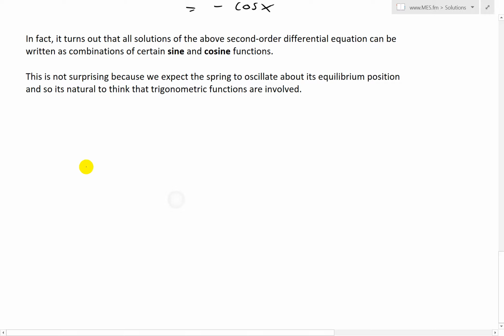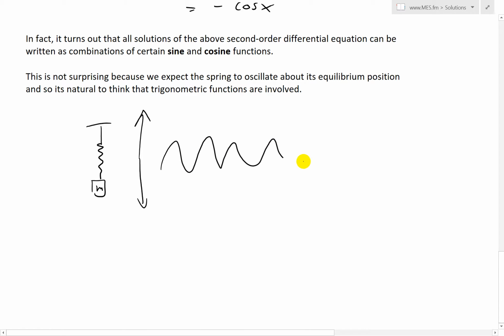If you think about the spring, it's going to be going up and down. I'll just draw that spring like this. When you pull it down, it goes down; when you pull it up, it goes up. As you let it go, it will go back and forth. If you graph the position through time, it looks something like this.